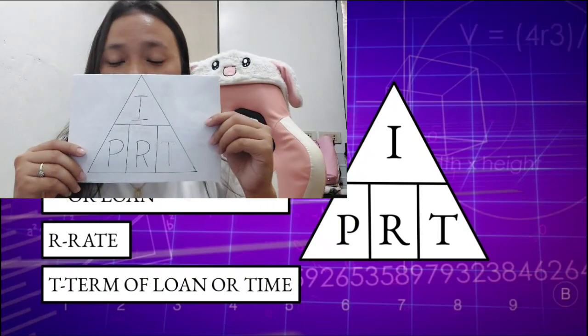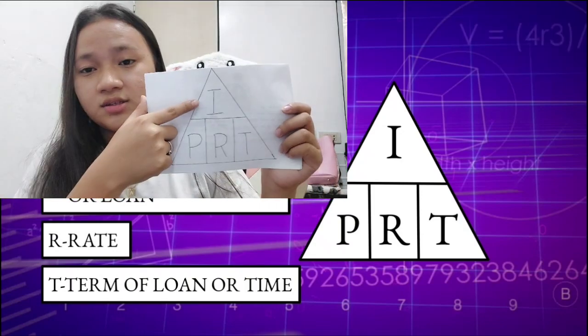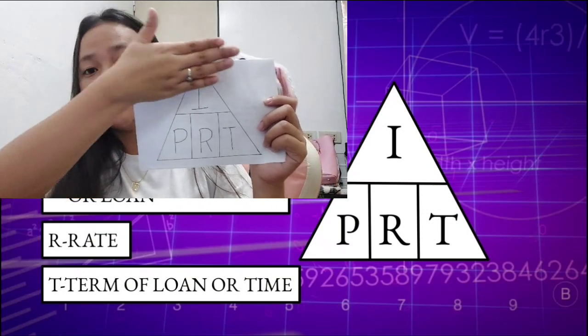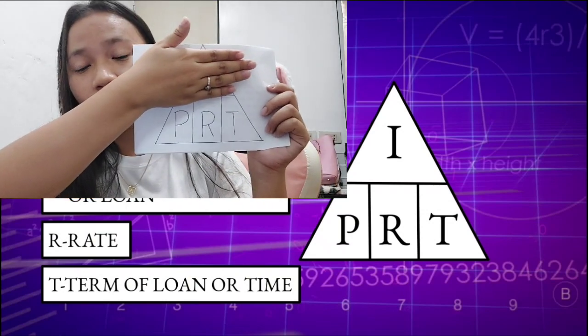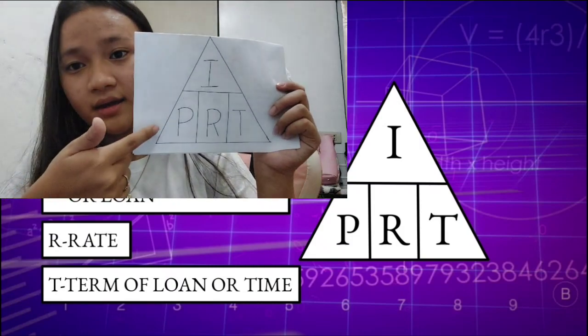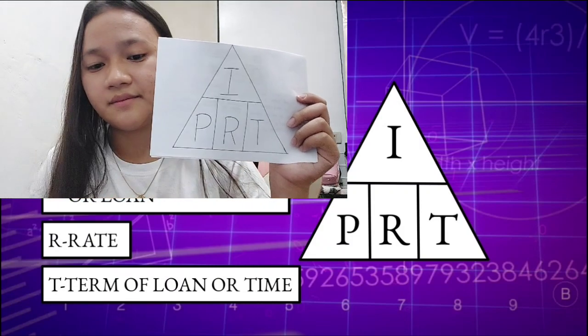When you need to get the interest, you just need to cover it. So, I is equal to P times R times T.